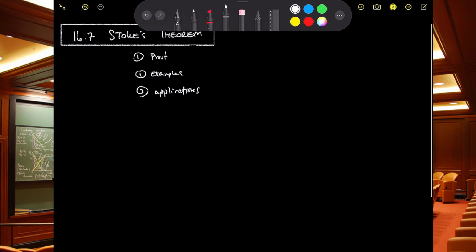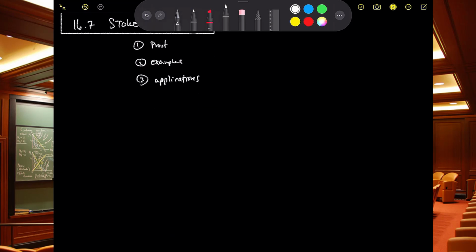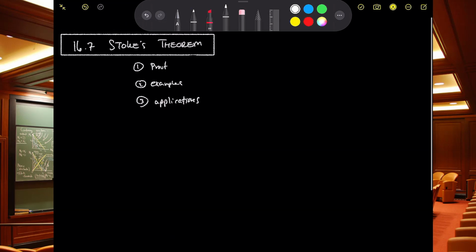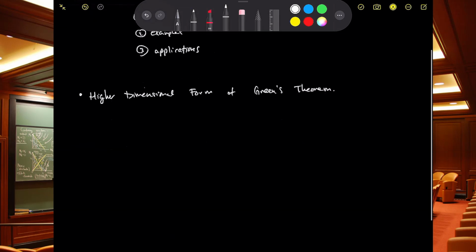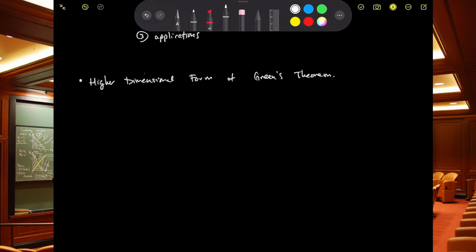So first thing I want to draw your attention to before I even give you a formal statement of it is the connection to Green's theorem. So one way you can think about Stokes is that it's a higher dimensional form of Green's theorem. So one way to see this is to remember Green's theorem.